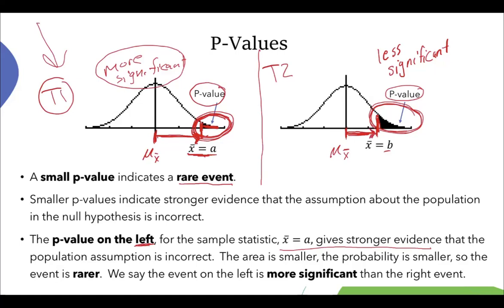Looks like there's a bigger increase in treatment 1. The bigger increase in treatment 1 ended up with a smaller p-value. It's a more rare event. It's more significant. It's less common for you to end up with results like this, which makes it more extraordinary, and therefore the treatment is more effective than treatment 2.